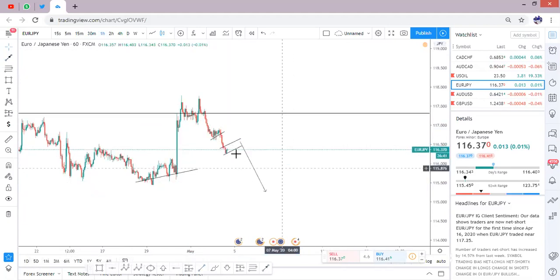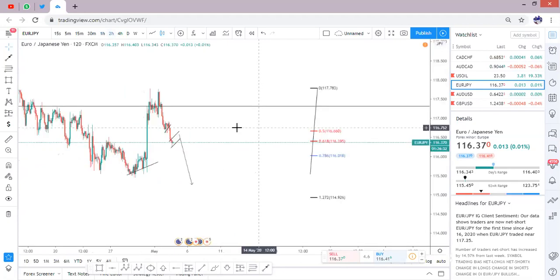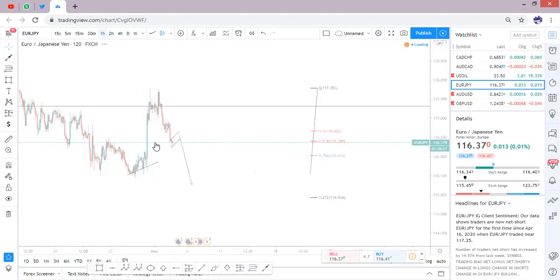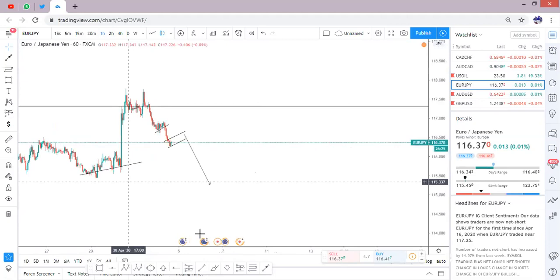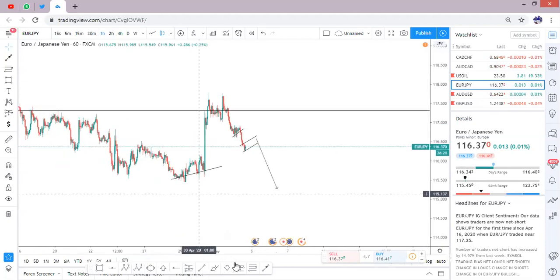You just have to wait for the correction, the completion, because currently price is at 618 and it's rejecting. So we have to have a correction to the upside before we start selling. So just have to wait.